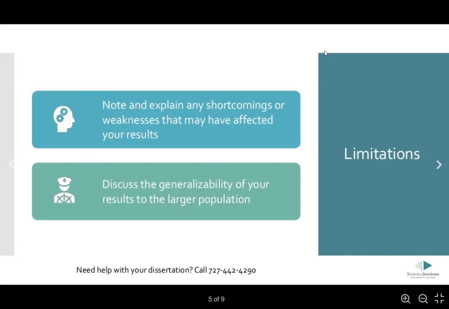So it's worth talking about that as well, and explaining that due to the nature of your research method, generalizability is not necessarily the intention, but instead that qualitative study is really meant to shed light and insight on the specific phenomenon that you're studying. So those are just a few things that you will want to note here in the limitations section. And of course, any additional limitations that you may have experienced throughout your data collection and data analysis.